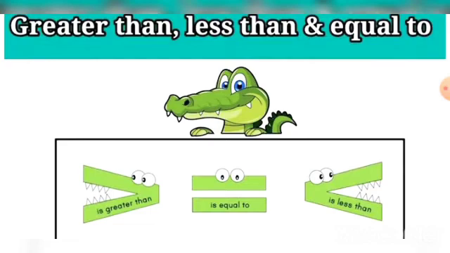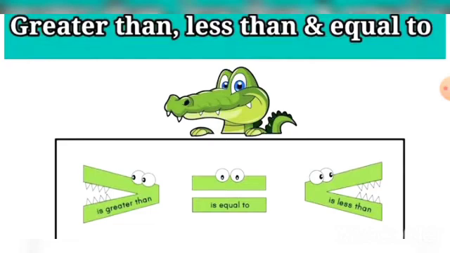So less than, greater than and equal to. Always remember, our hungry alligator eats the larger number. The symbol's mouth should be open towards the larger number. Keep that in your mind.